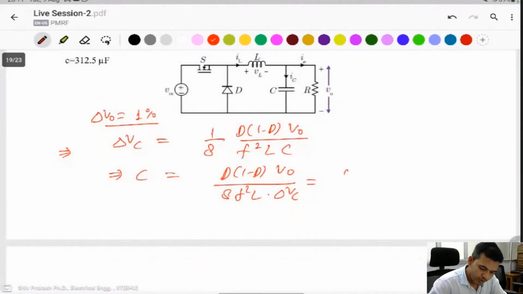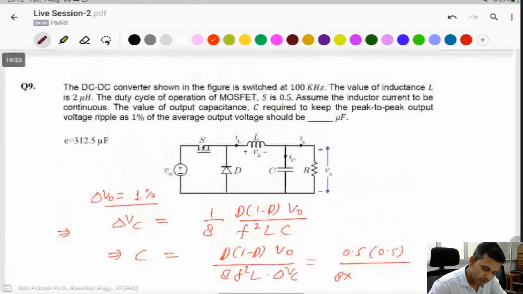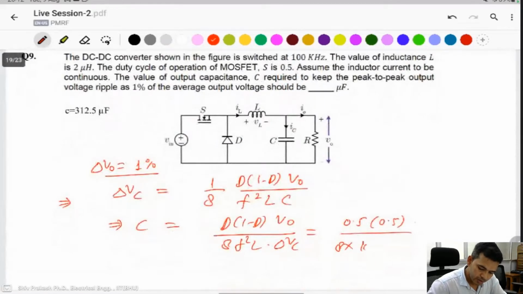Put the formula: 0.5 V naught is 8, F square also given as 100 kilohertz, L also given as 2 microhenry, and delta VC is given as 1%.